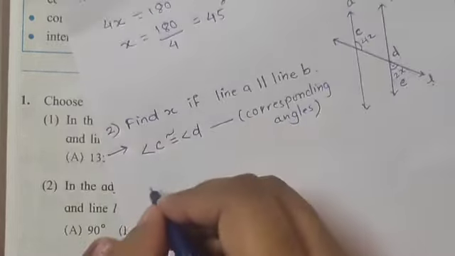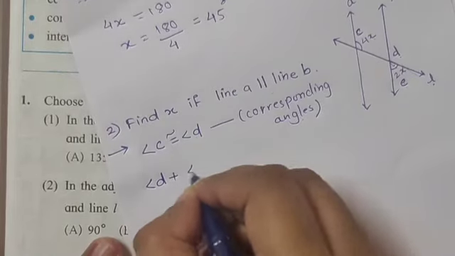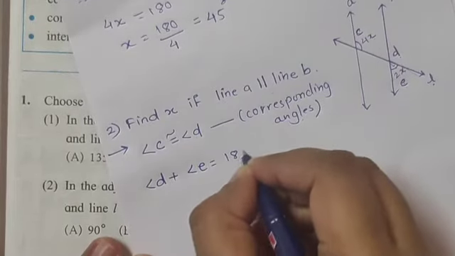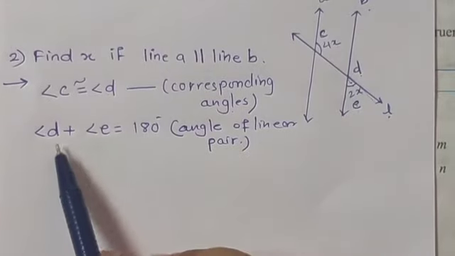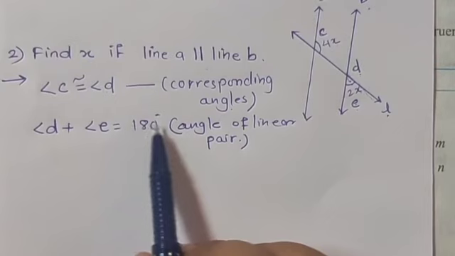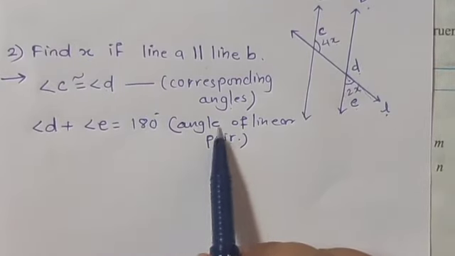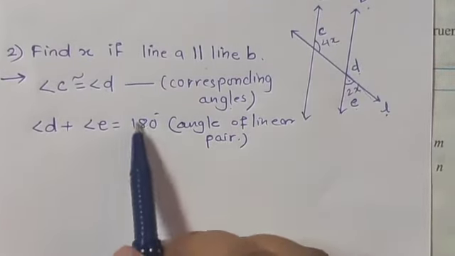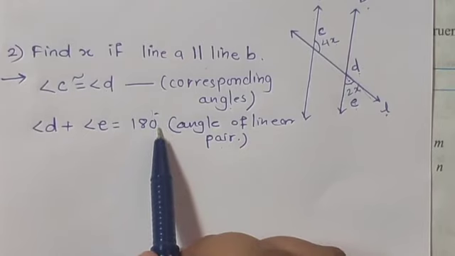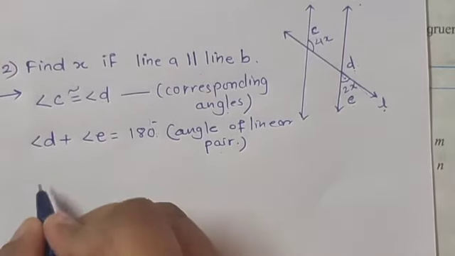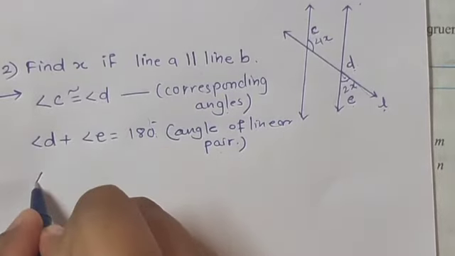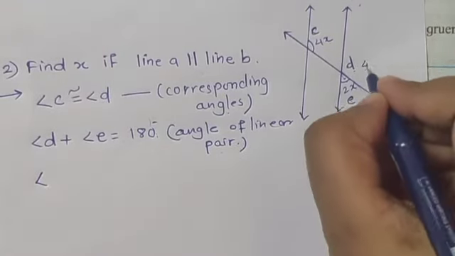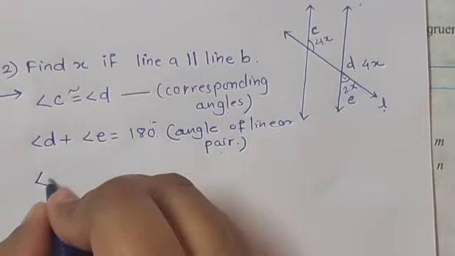So angle D plus angle E is equal to 180 degree as angles of linear pair. Now as they are corresponding, therefore angle D is also 4x.